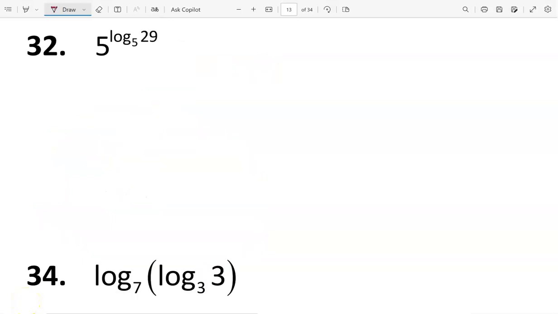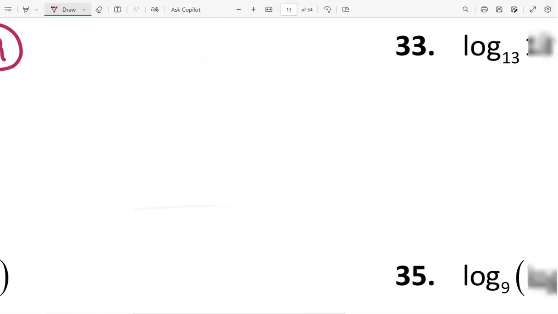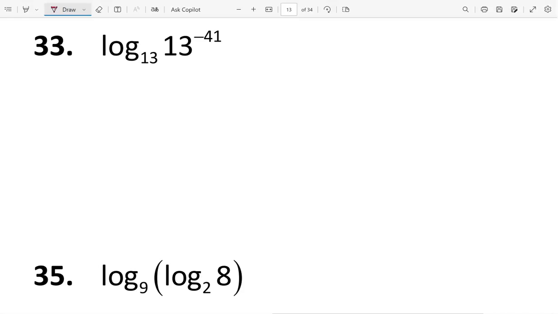In number 32, we can't evaluate log base 5 of 29 without a calculator, but we can notice that the base of the logarithm inside the exponential expression and the base of the exponential expression match, so they just undo one another, and that result is 29. In number 33, log base 13 of 13 to the negative 41 is the exponent, negative 41.